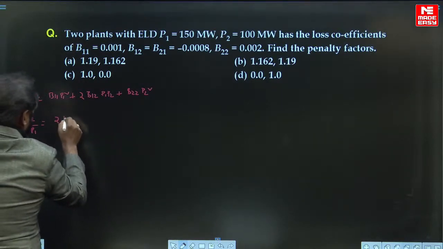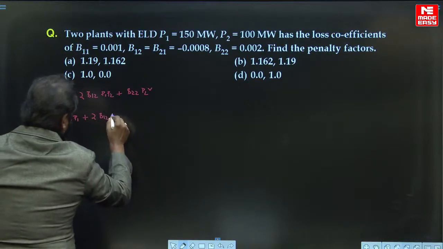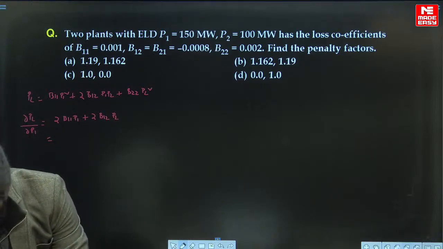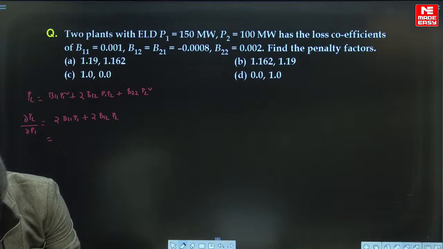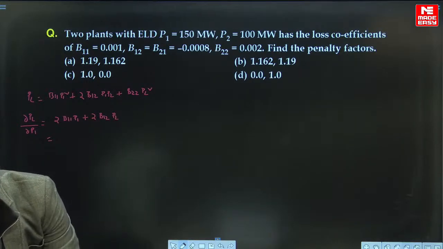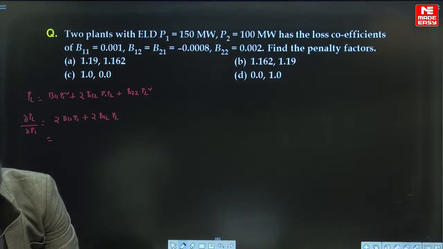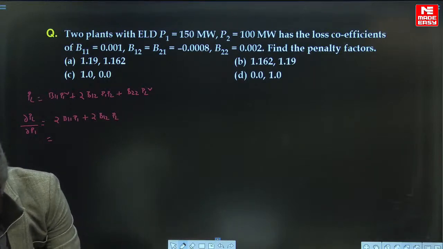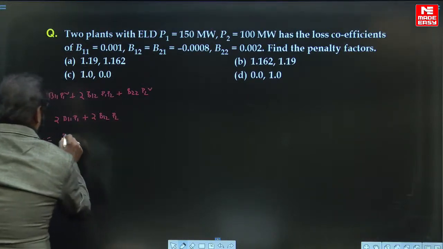It is 2 B11 P1 plus 2 B12 P2, that is coming as 0.14.